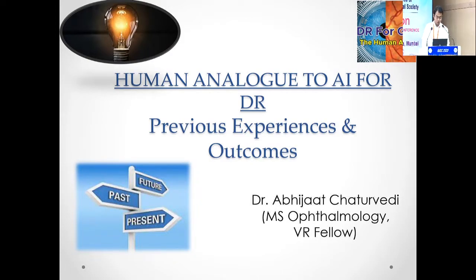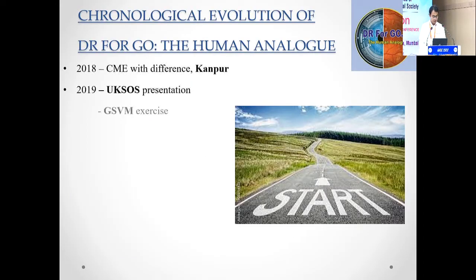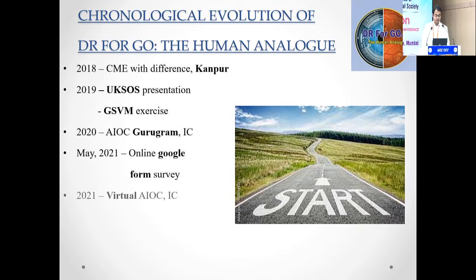Today I'll be talking about the previous experiences and outcomes that we have had in the past 4 years. Coming to a chronological evolution for the entire program, it all began in 2018, where we conducted a CME with a difference at Kanpur. Then it moved on to the Uttarakhand State Ophthalmic Society, and an exercise was conducted at GSVM Medical College, Kanpur.